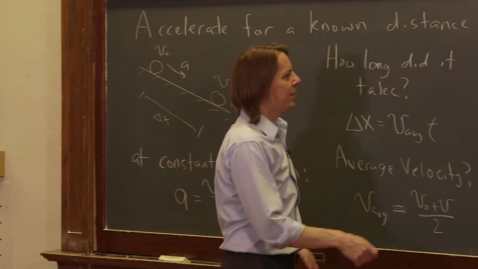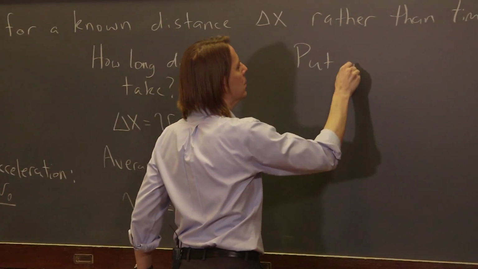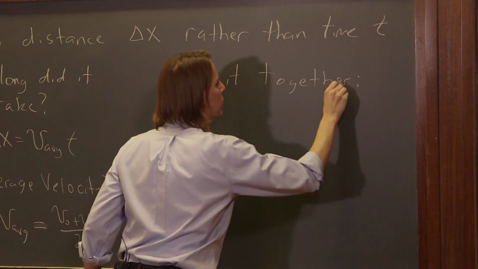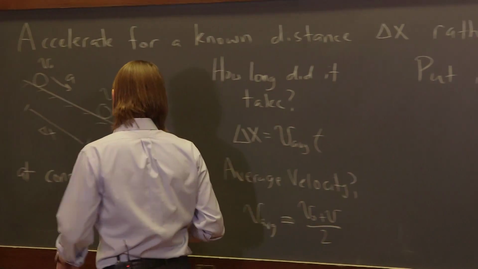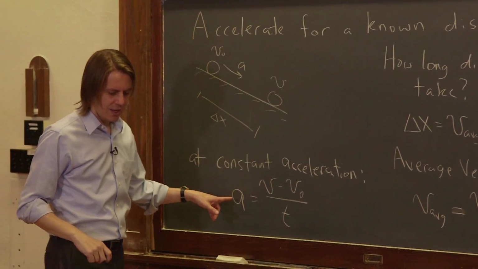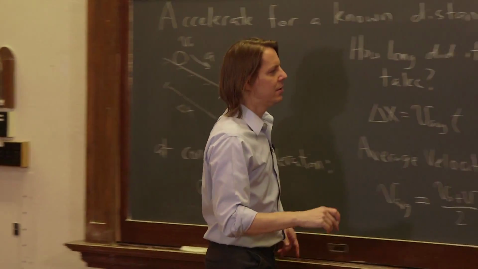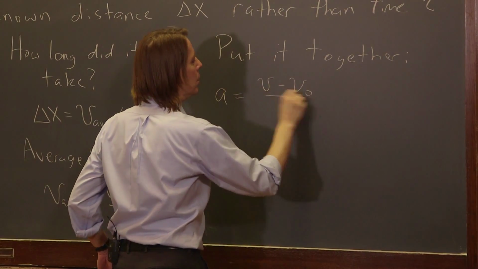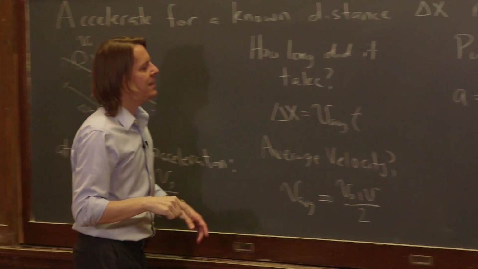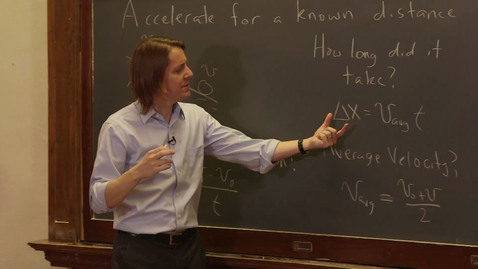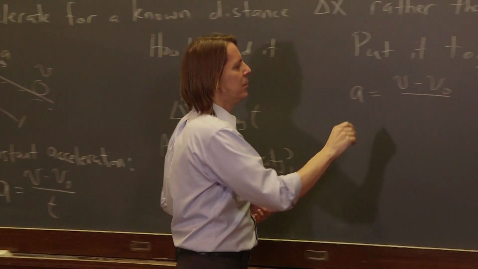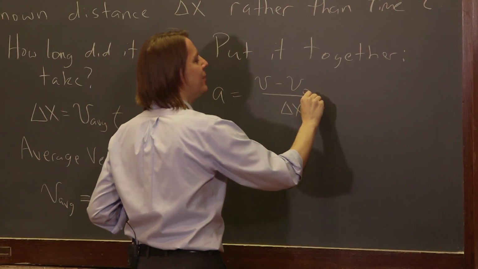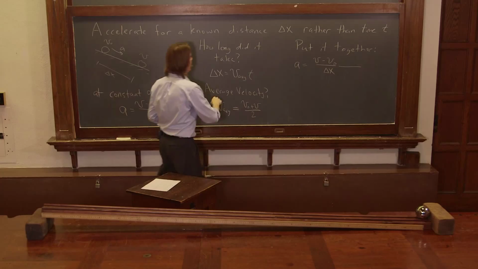So if we put all this together, what are we going to get? Let's see. We're going to plug in a equals v minus v naught over t. But for t, we're not going to put t, we're going to put delta x over v average. So v average is going to end up in the numerator.